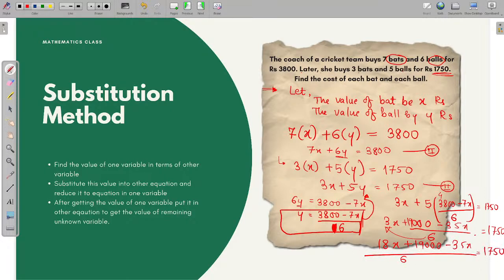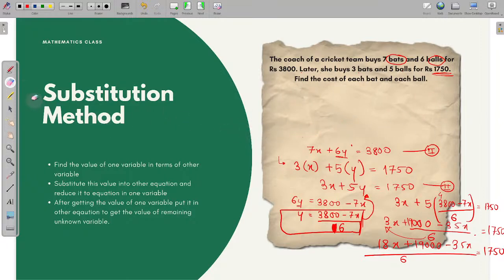Right? Now to move on, I need to erase a few parts of the solution. So yeah, okay. Now 18x plus 19,000. Okay, wait. See, 18x minus 35x, what will we get? Minus 17x plus 19,000.